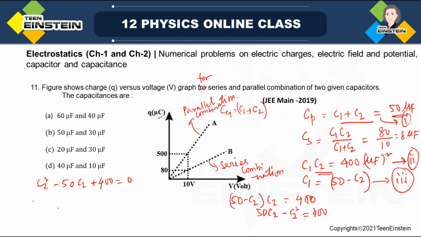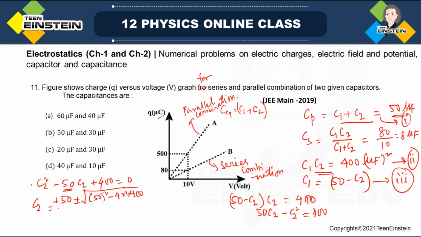So we can use, let us see, C2 will be minus B. This is B with a minus sign, so this is plus or minus square root of B square, that means 50 square minus 4AC. 4 into A means 1 into C, this 400.